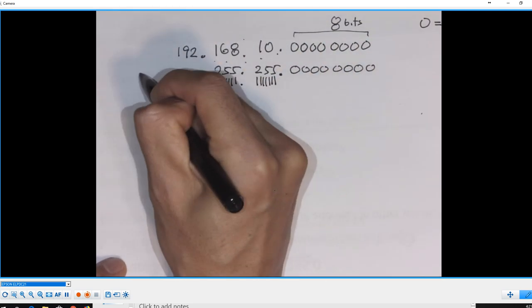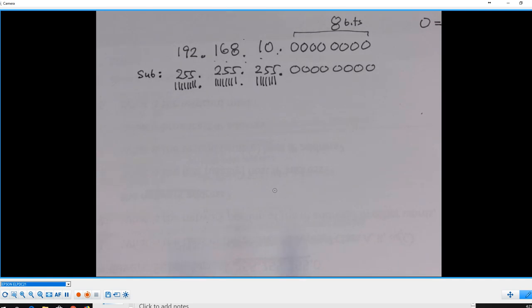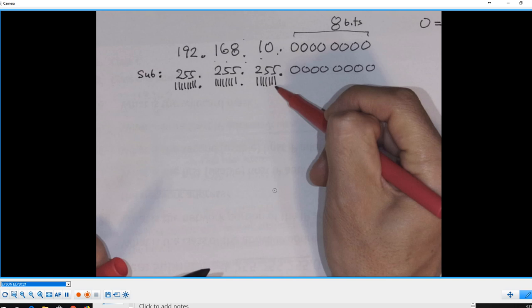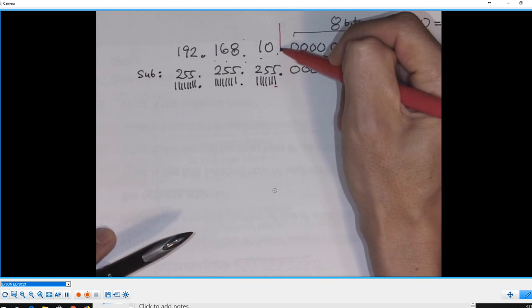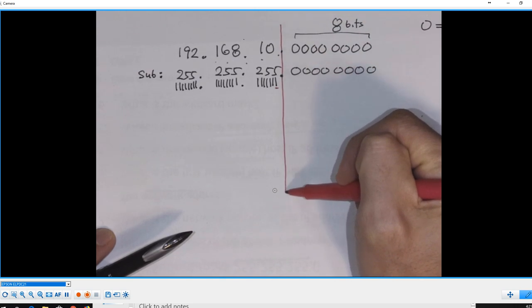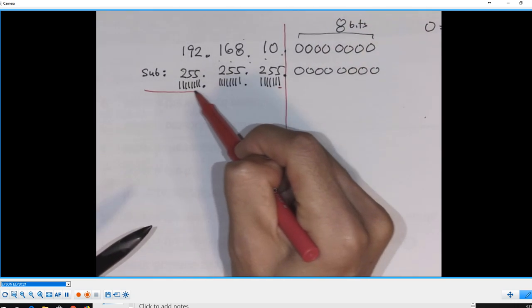That's the subnet mask. So you always draw the line where the 1s end. I'm going to draw the line here.